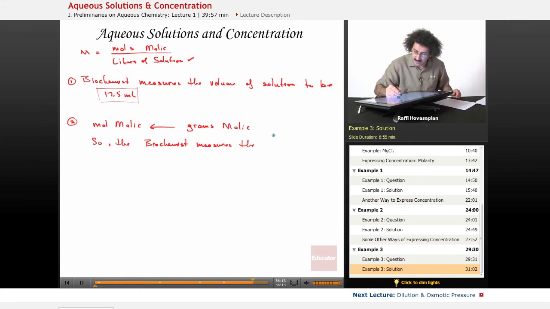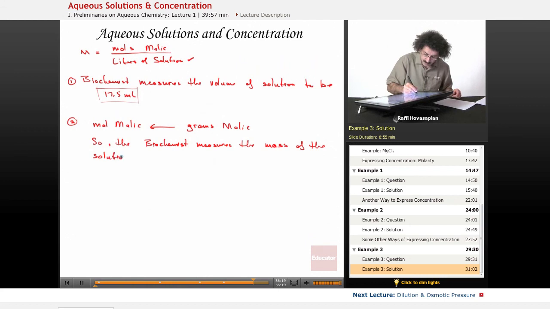So the biochemist measures the mass of the solution to be 17.75 grams.